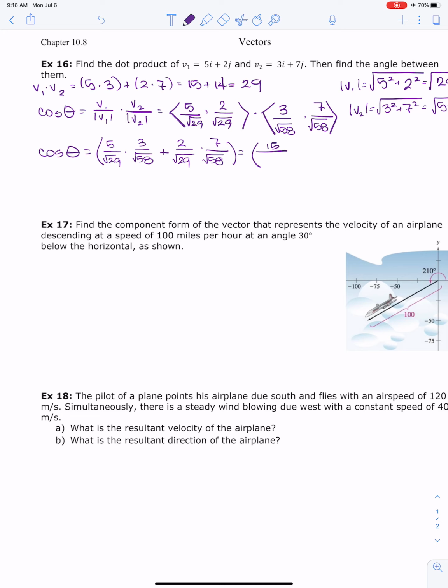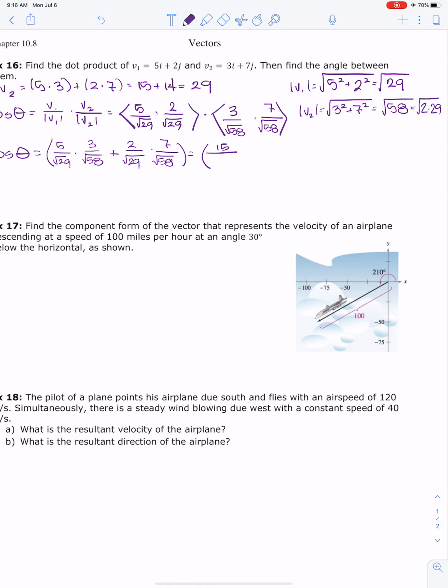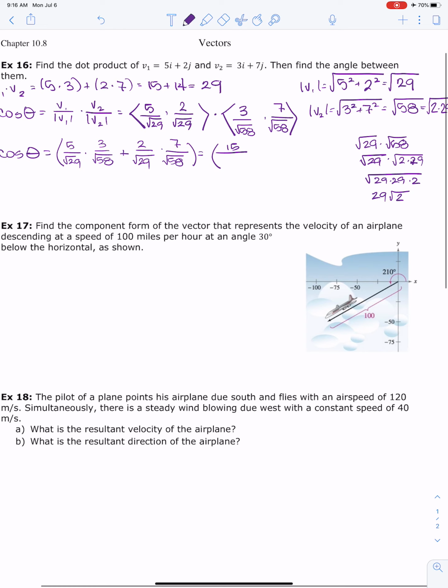At this point, I'm going to break that denominator down: square root of 29 times the square root of 58, which is the square root of 29 times the square root of 2 times the square root of 29. Just square root of 29 times 29 times 2, 29 square roots of 2, which I think might be a little more useful. Plus 2 times 7, 14, over 29 square roots of 2.